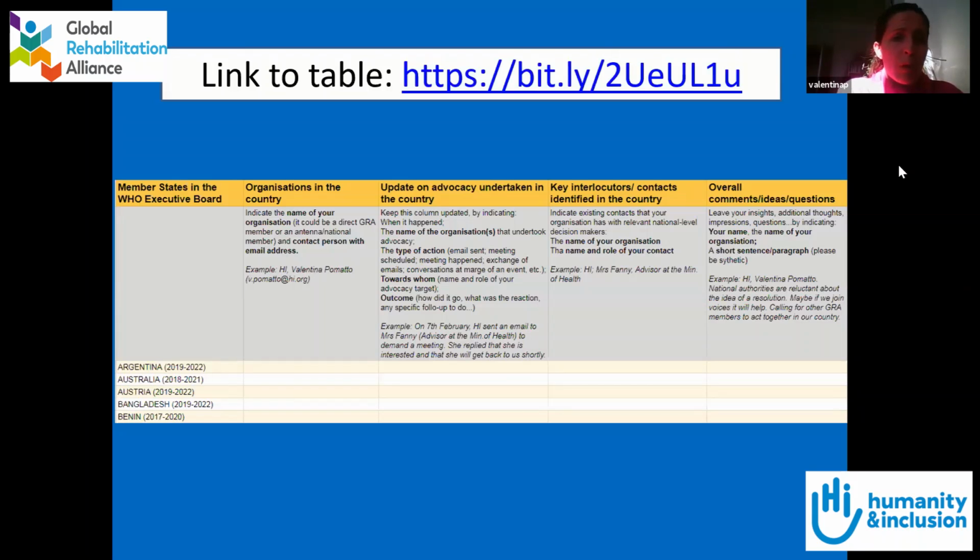Towards whom? So it would be important also to mention who you reached out to. Is it a rehabilitation specialist within the Ministry of Health, or a delegate who is responsible for WHO relationships, whatever, and the outcome, if any, already, the outcome of this action.